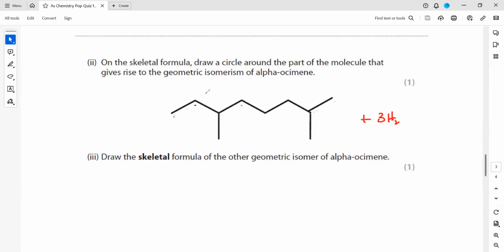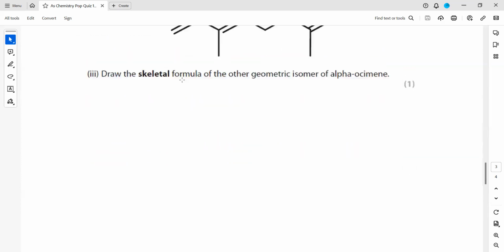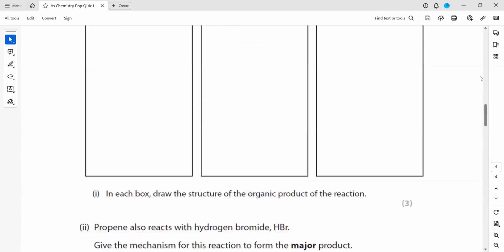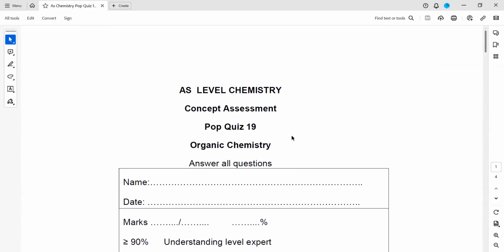As a result, when 3 hydrogens react, all the double bonds break down and turn into single bonds, meaning a saturated hydrocarbon. So we have to draw the structure in the last part. So this was pop quiz 19, which was related to organic chemistry.